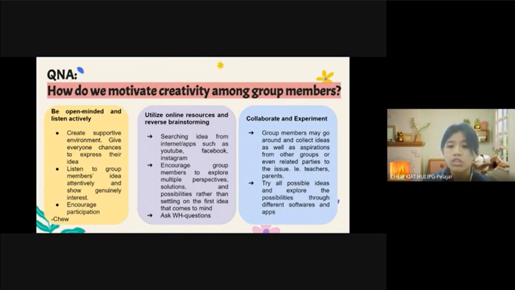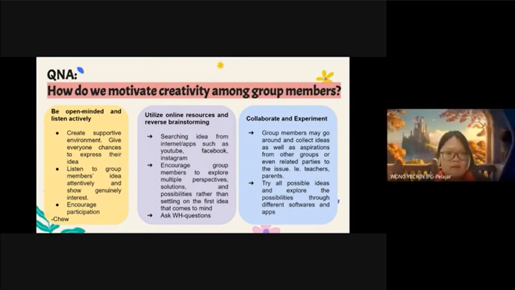We also listen to our group members' ideas attentively and show genuine interest. When our group members are giving their ideas, we listen to them with real focus. And I think this really encourages participation among the team members.